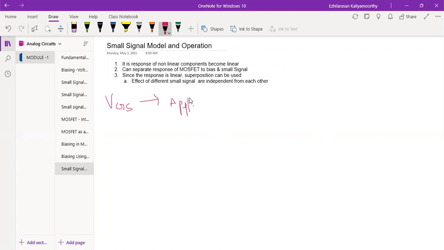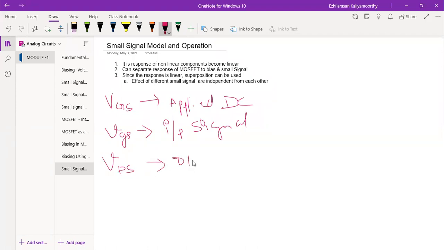Then the second term will be the input signal. Then this will be your output, the output signal at the drain terminal.